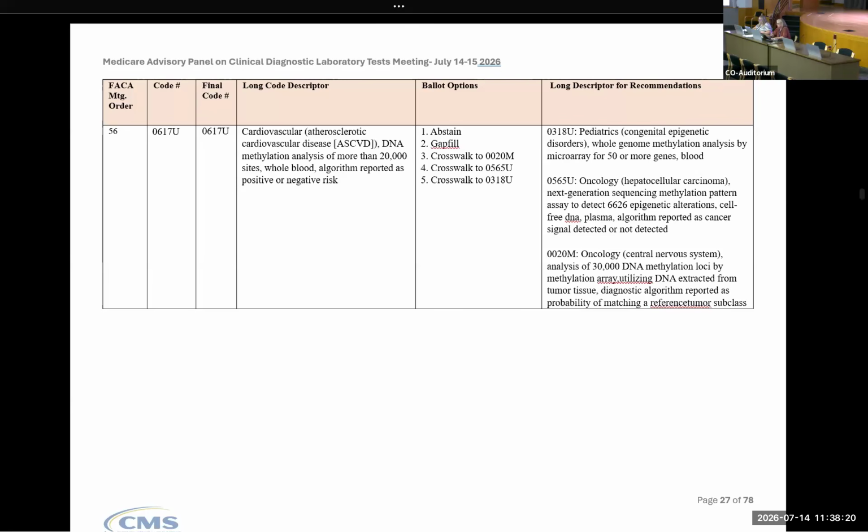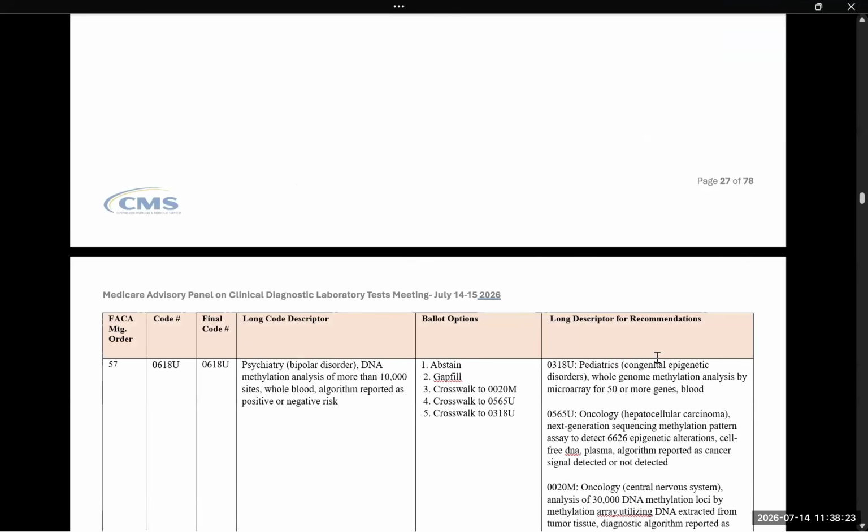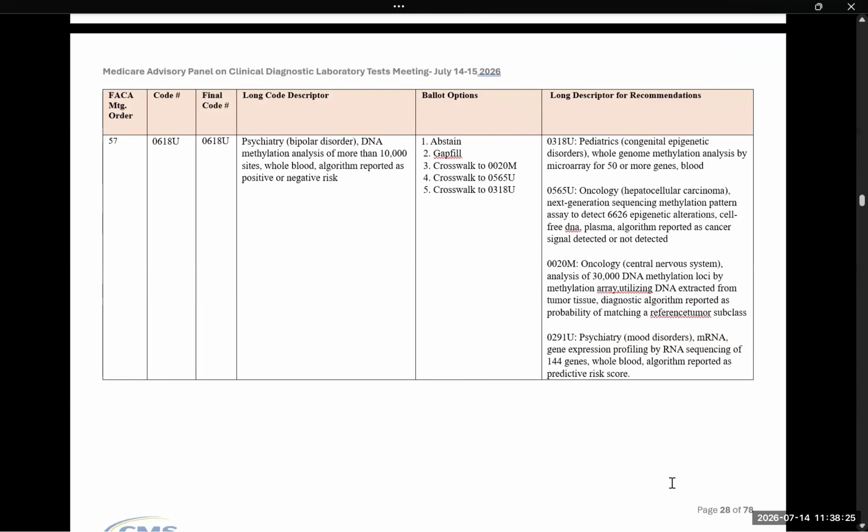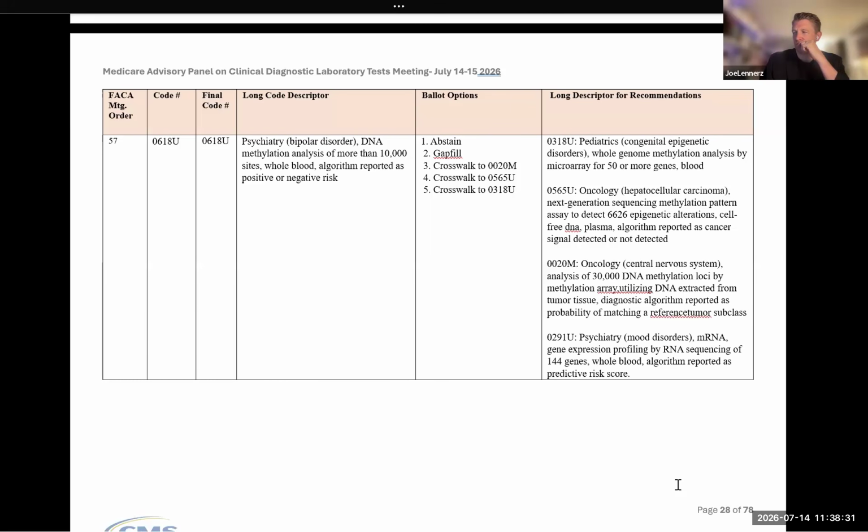All right, next up in the similar series, 0618U. Correct. Again, same technology here. This use case is in psychiatry for positive or negative risk for bipolar disorder. Same recommendation by the subcommittee and myself to crosswalk to 0565U. Thank you. Unless we have any comments or questions from the panelists or CMS, panelists, please go ahead and vote.